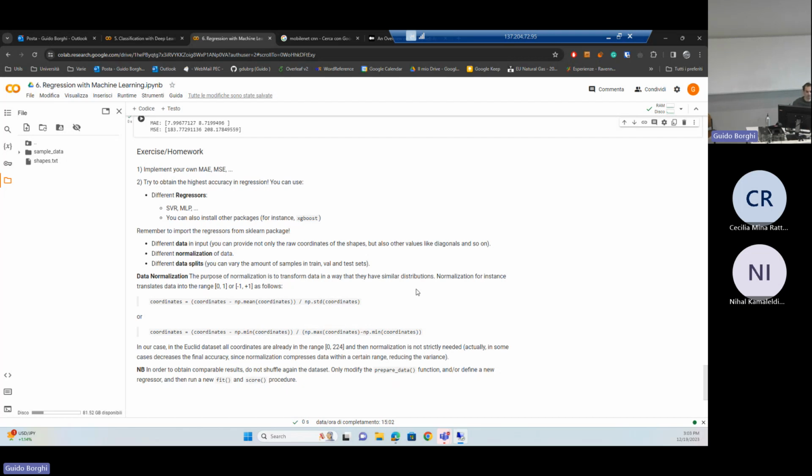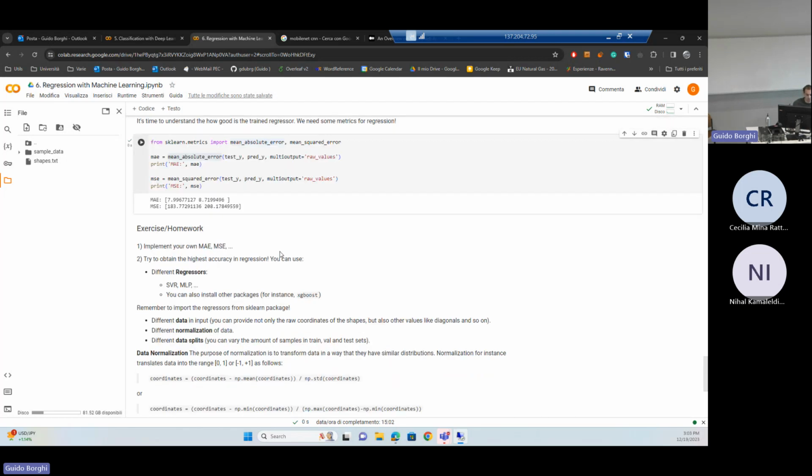You can, for example, implement your own mean absolute error or mean square error if you want. You can try also different regressors. So we have seen the SVR, the support vector regressor, but you can use also the multi-layer perceptron, the multi-layer regressor. You can use random forest. You can use AdaBoost, what you want.